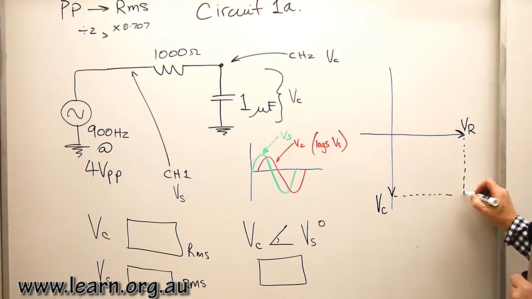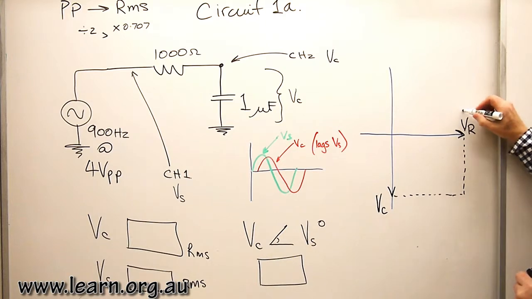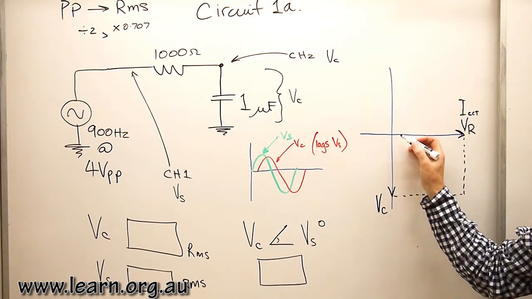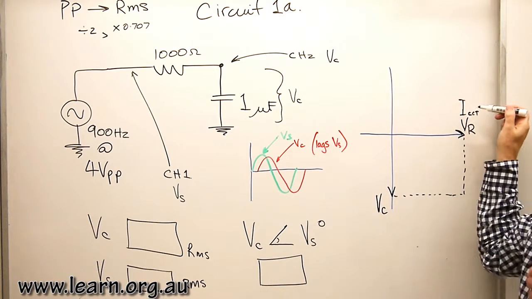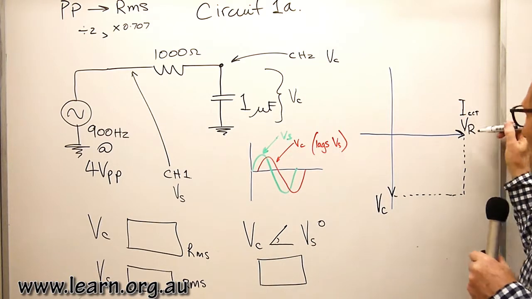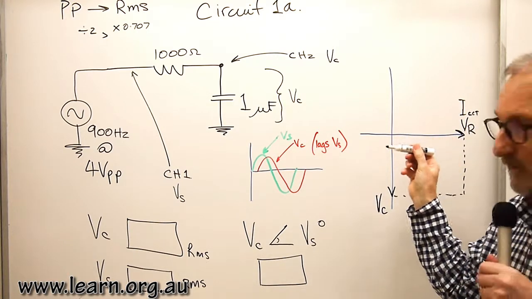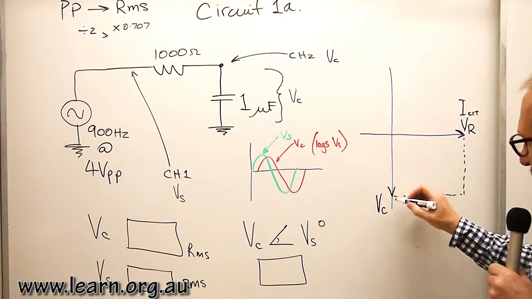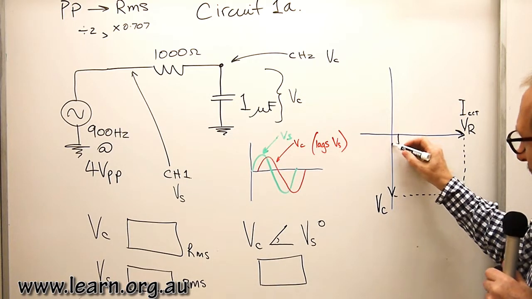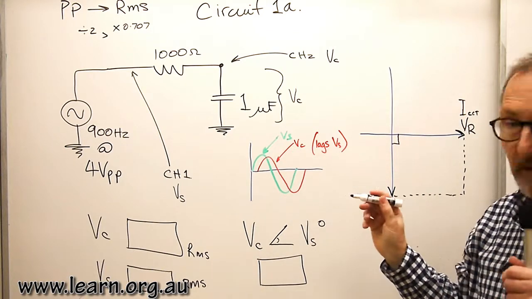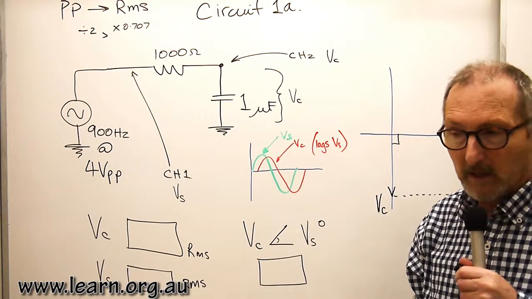This is also the circuit current, I circuit. So there's no phase difference between the circuit current and the voltage on the resistor. Therefore they're both lying on the same axis on the phasor diagram, and the voltage on the capacitor is always going to be 90 degrees lagging the circuit current, for reasons that we showed in last week's video as well.